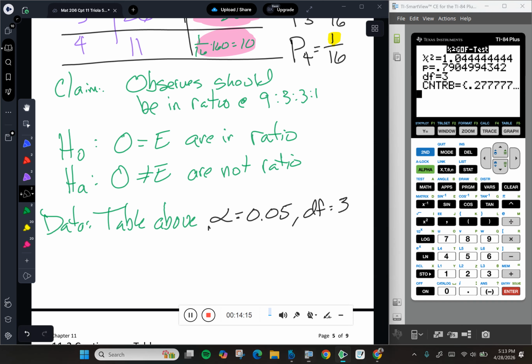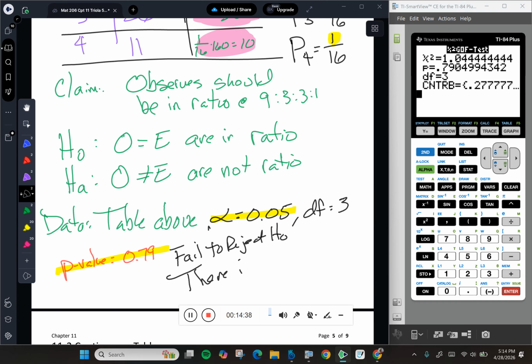But more importantly, I've got a p-value there. I've got a p-value of 0.79. When I compare p to alpha, p is much greater than alpha, so we fail to reject the null, or we would say that there is not enough evidence to reject the claim of, how do we want to word this?